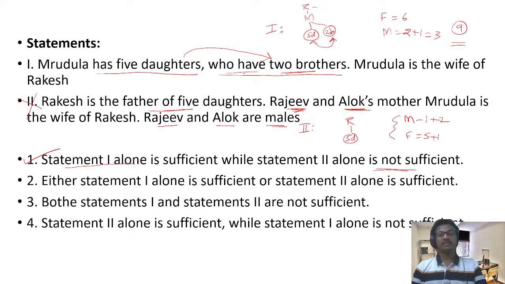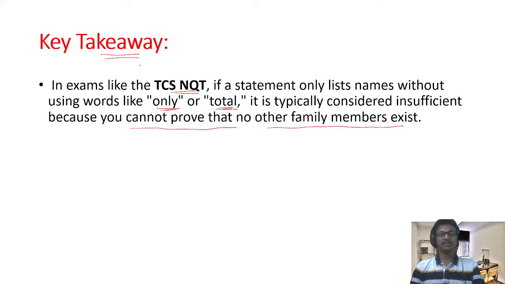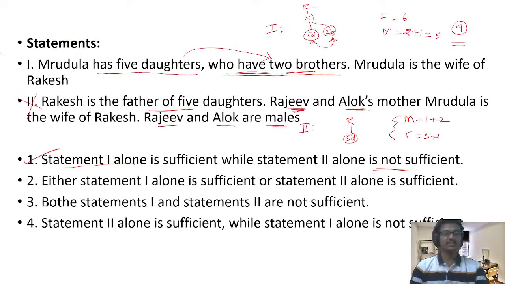If it is clear this way, then you can arrive at the solution. So if words like only, total, who have are not given, just remember here, you can consider it insufficient. That's why we considered statement 2 insufficient for arriving at the solution.